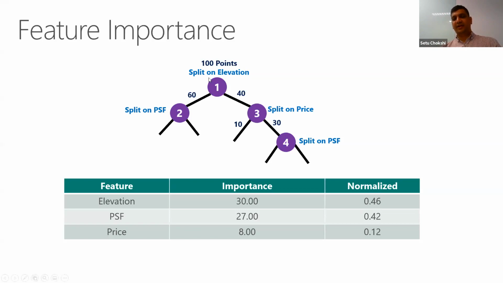Because think about it, when you're going down the depths of the decision tree, the number of data points that are available to split is much less than when you started off. So it so happens that at the remaining data points, PSF or any of those features that got used previously has been worked out before. So that becomes your feature importance. Make sense?